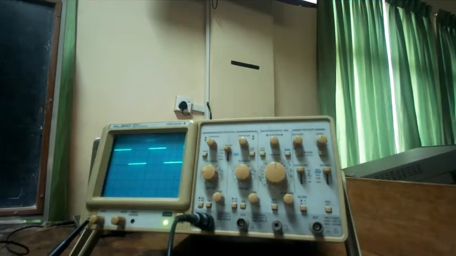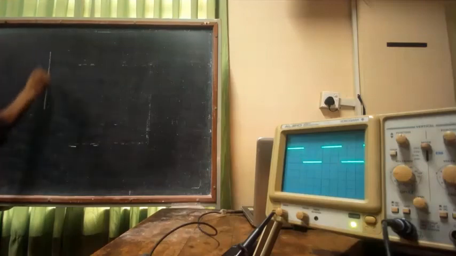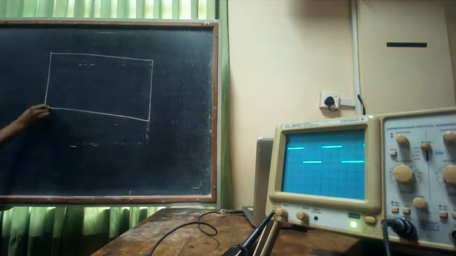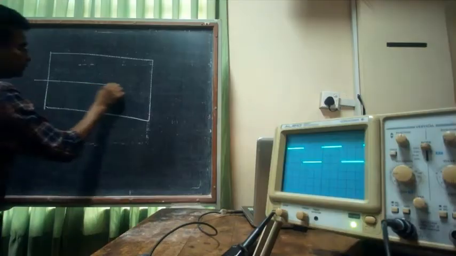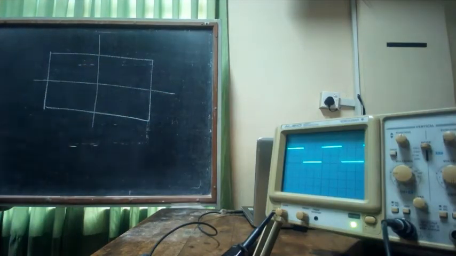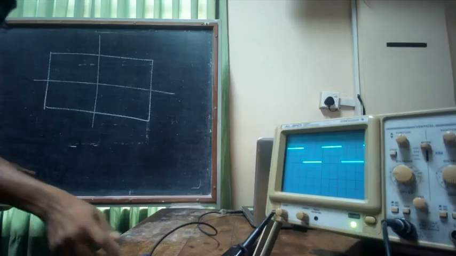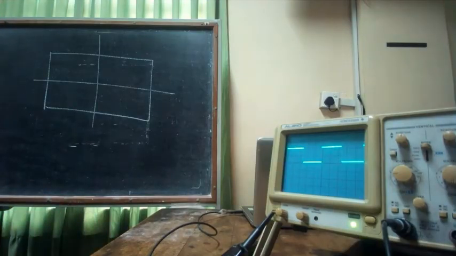Now, say this is my oscilloscope screen. I have the x-axis control, which basically sweeps across the XY plane and comes back, right?